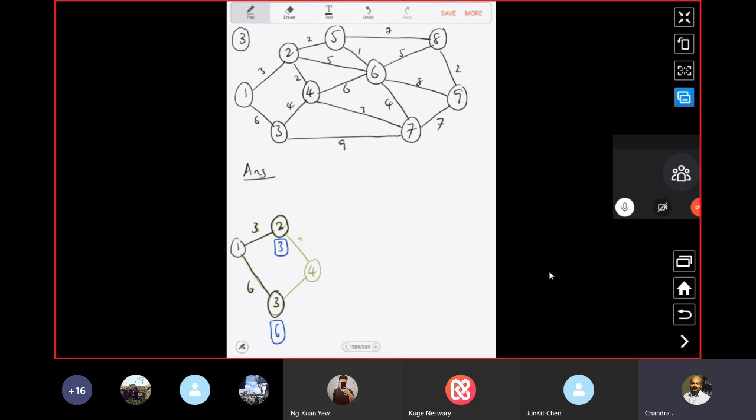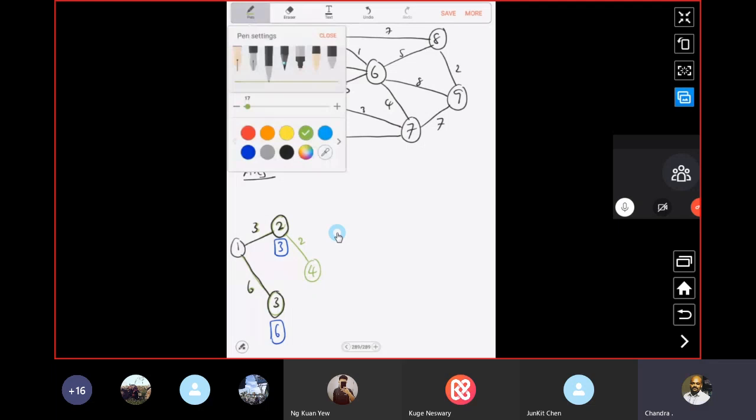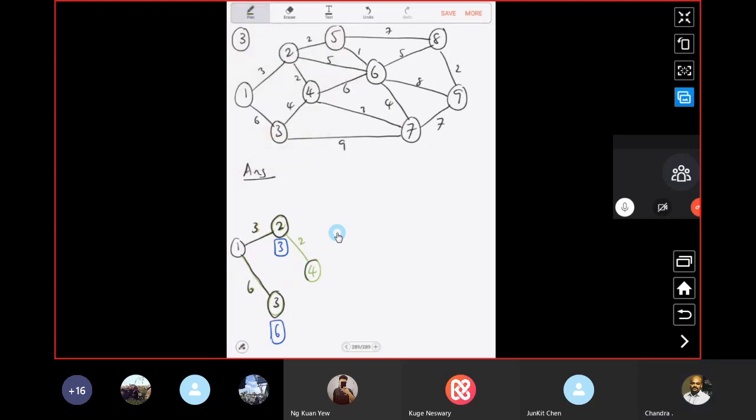Here 2, here 4. 3 plus 2, 5. 3 plus 4, 7. I choose 5. Quite easy to see, so I didn't write in red pen. Right here, 5.